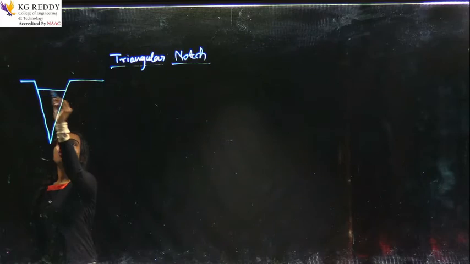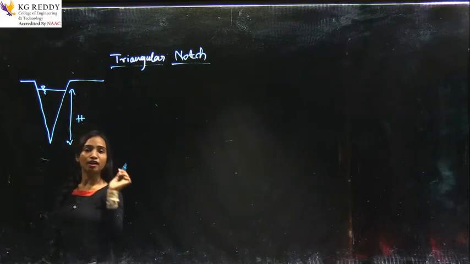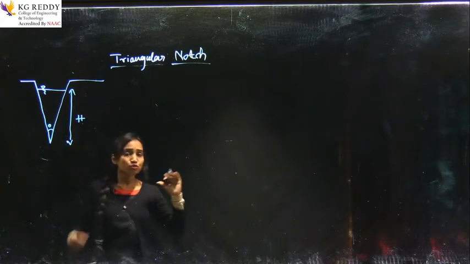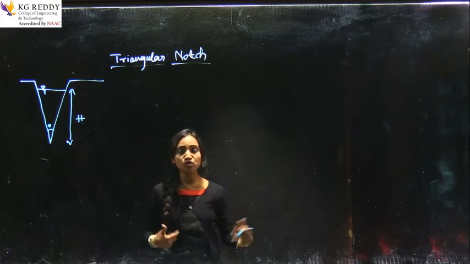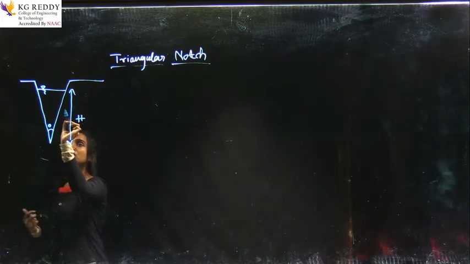The height of the water is H. So this is the head of the water, and the angle of the notch is theta. To find the discharge through any device, what we were doing was considering one small strip.